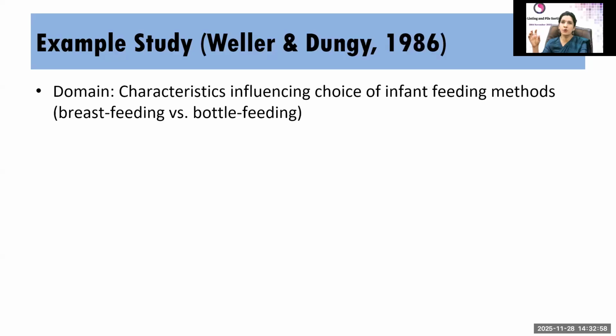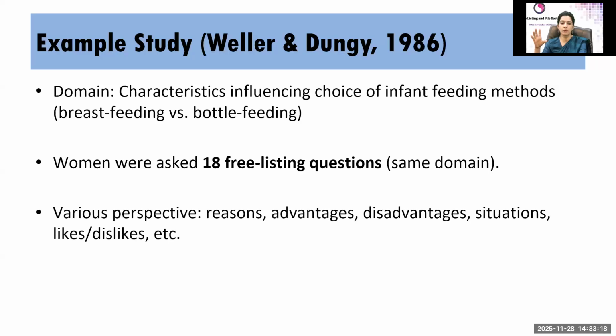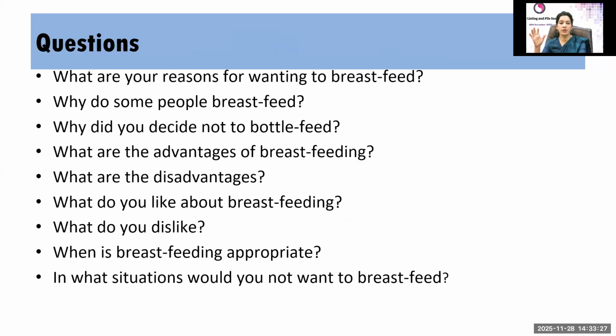His domain was to understand the characteristics which influence the choice of infant feeding methods, breastfeeding versus bottle feeding. So he asked women 18 free listing questions. Those questions were on various perspectives, like reasons, advantages, disadvantages.